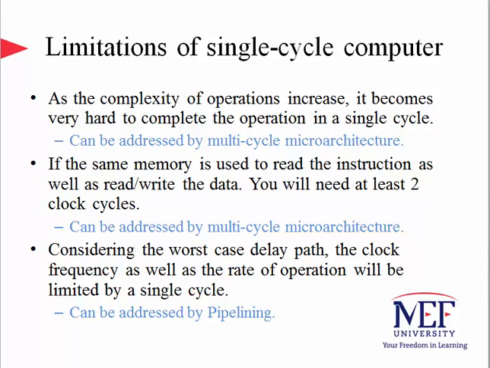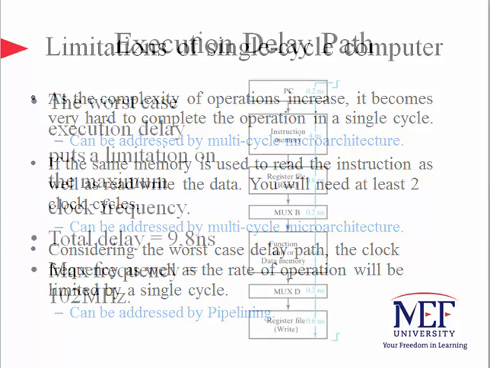However, maybe we do not need to wait and fetch instructions every clock cycle. So we need to be careful about each stage being utilized by only a single instruction execution. This technique is called pipelining, and it can address the third issue listed in this slide.